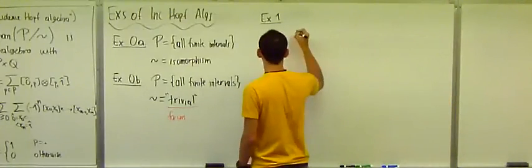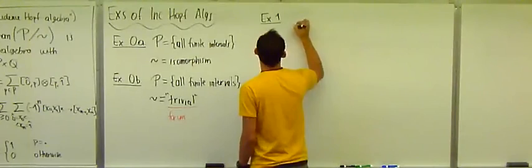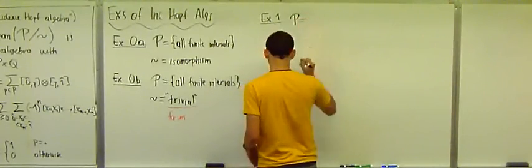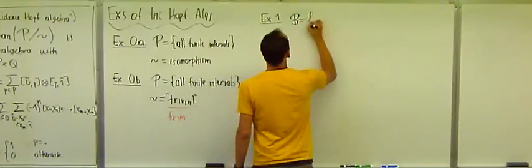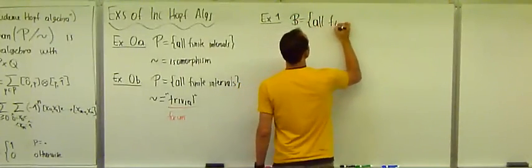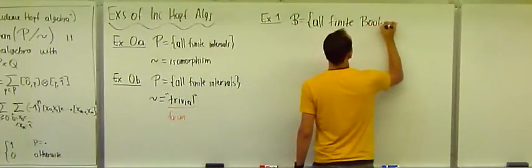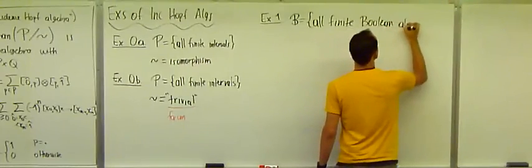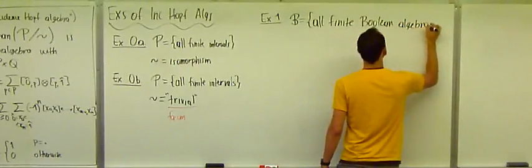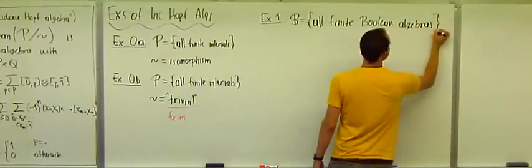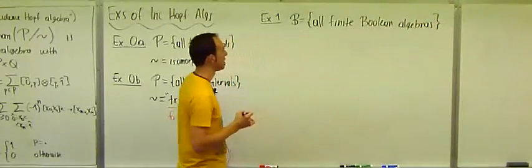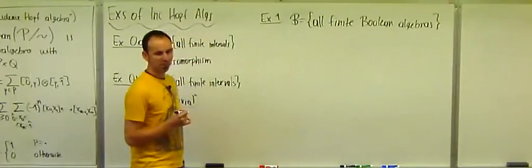So here's a family that's hereditary, and maybe I'll call it B. All finite Boolean algebras. Did I say this word already? Boolean algebra? I did show you it, but maybe I didn't call it Boolean algebra.